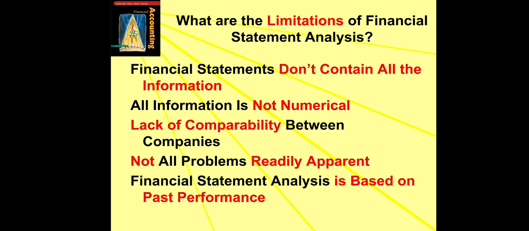Sometimes everything is good with a business when you do the analysis, maybe because the data that you use to do the analysis is not new data. For example, you choose company A, you want to do financial statement analysis.